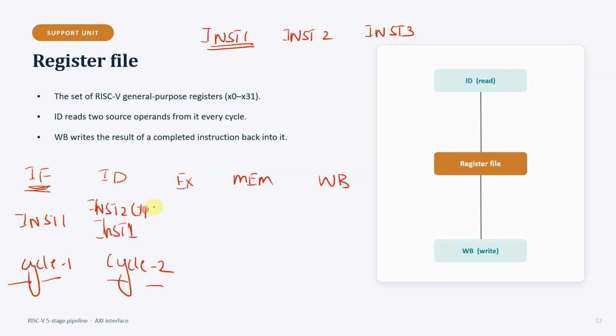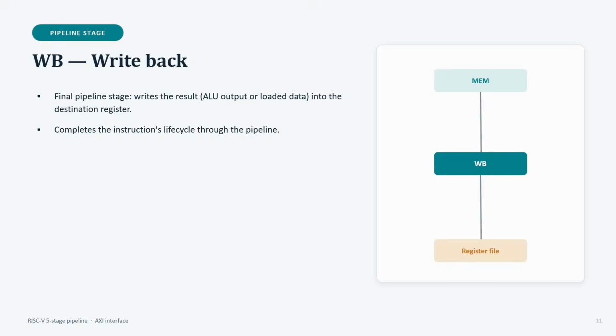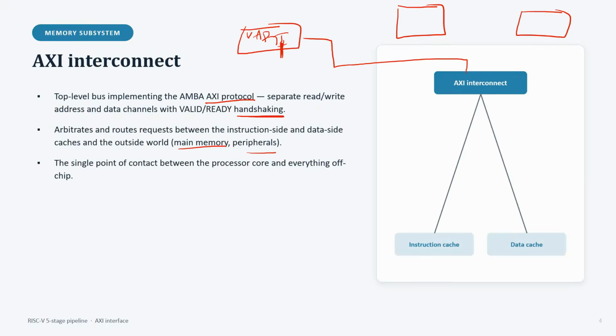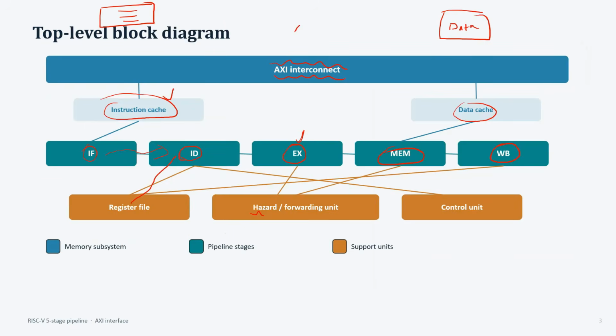In cycle number 3, instruction 1 will be executed, and at the same time instruction 2 will be decoded, and instruction 3 will be fetched. So at the same time, multiple operations are going to happen, and for these multiple operations to complete, we are going to have these modules working in parallel.